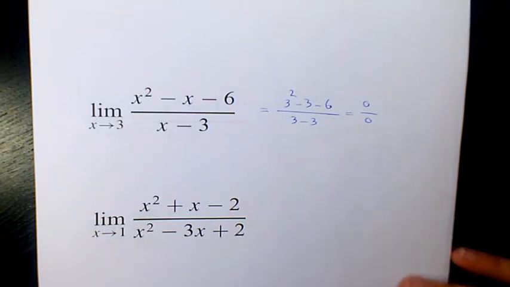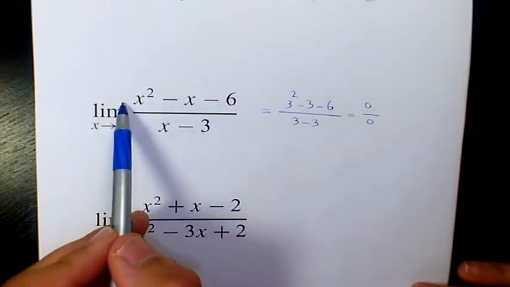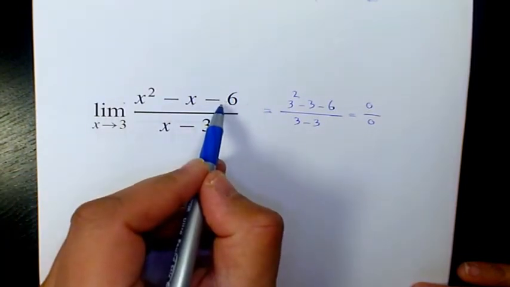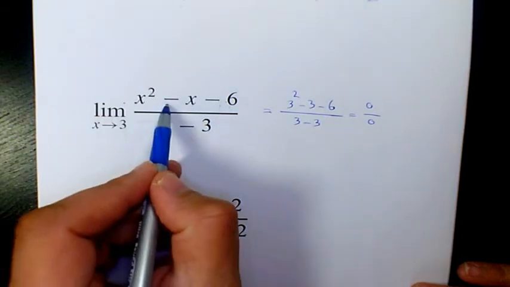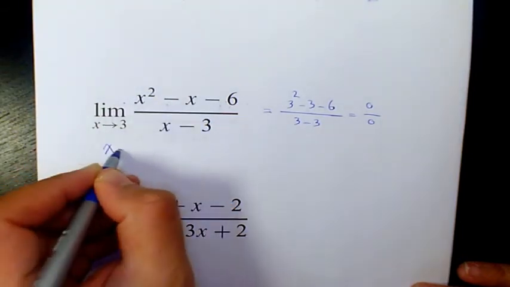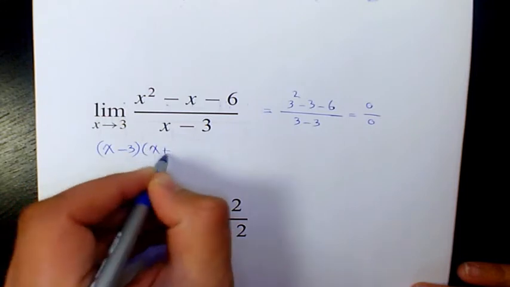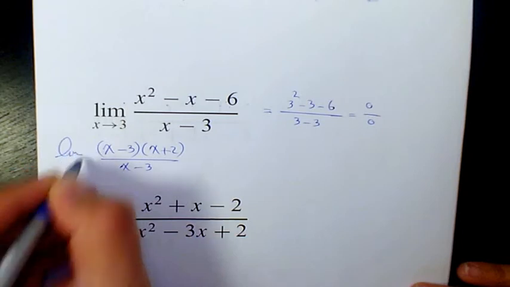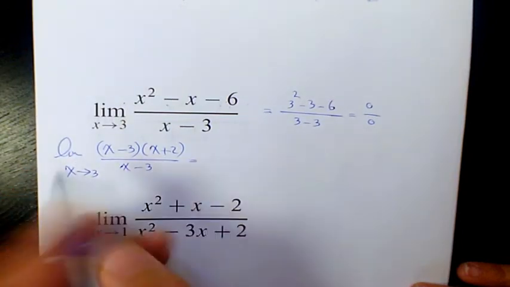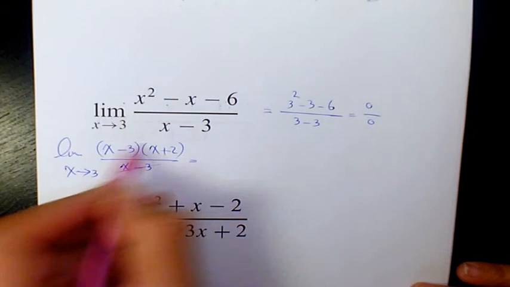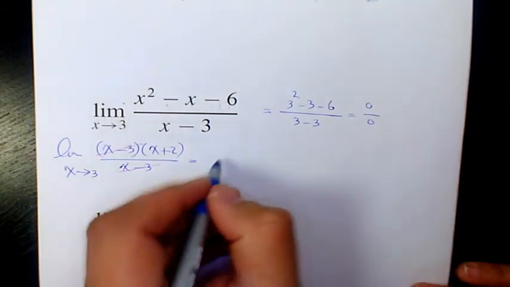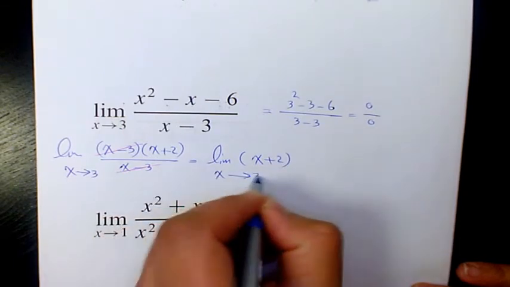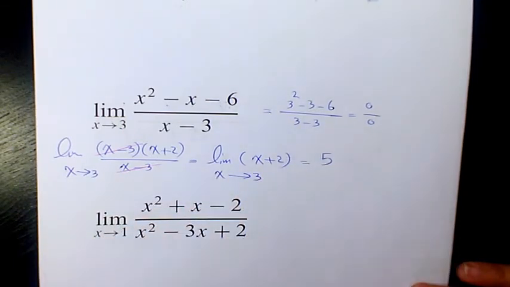So we must basically factor the numerator. When you factor it, you're looking for two numbers that multiply to negative 6 and add to negative 1, which will be x minus 3 times x plus 2, divided by x minus 3, limit as x approaches 3. Then you cancel x minus 3 from the numerator and denominator, and then it reduces to x plus 2 when x approaches 3. 3 plus 2 is going to be 5.